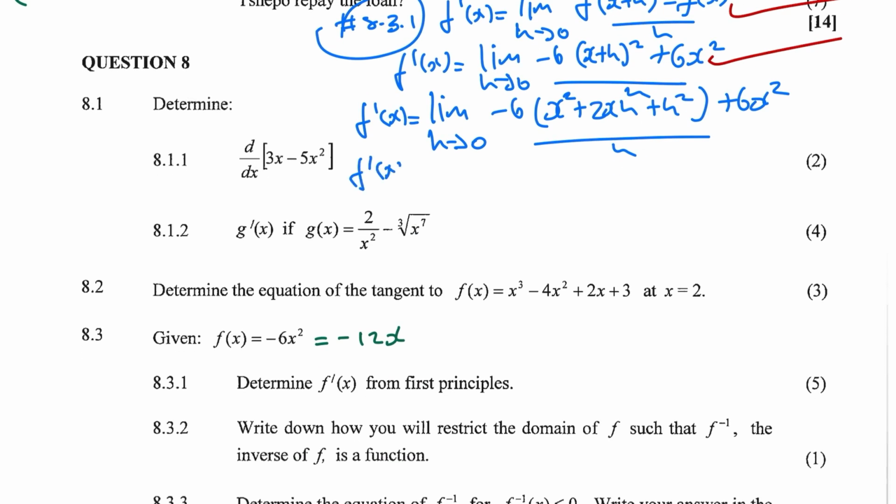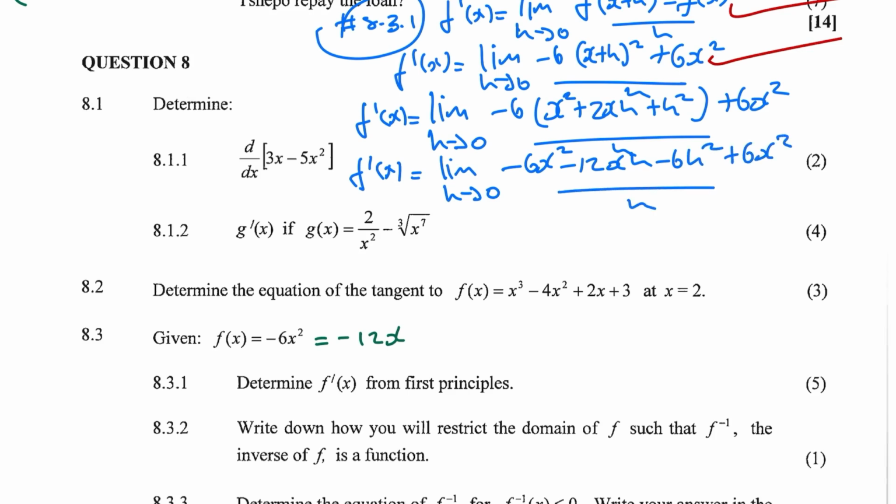Okay. So again, what you're doing is removing the brackets. It's going to be this times that, this times that, this times that. So it's going to be negative 6x squared, negative 6 times 2 is negative 12xh, negative 6h squared, plus 6x squared, over h.